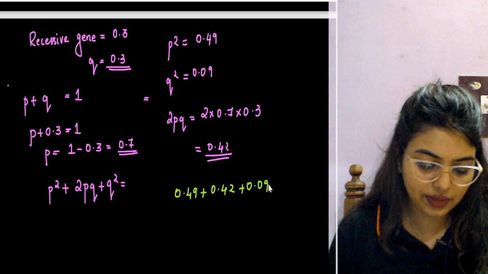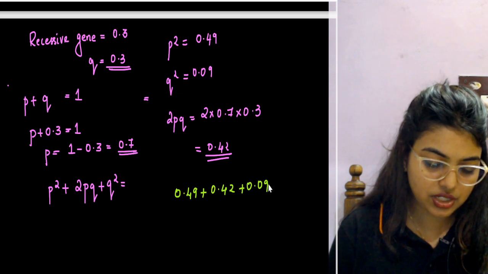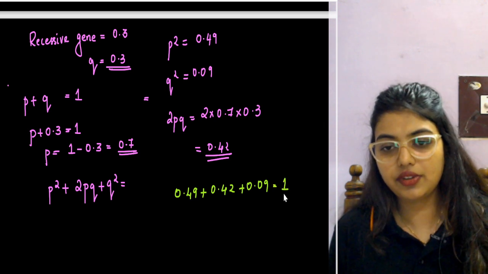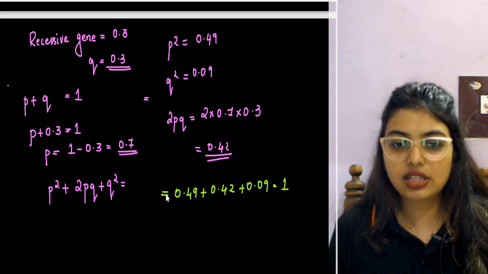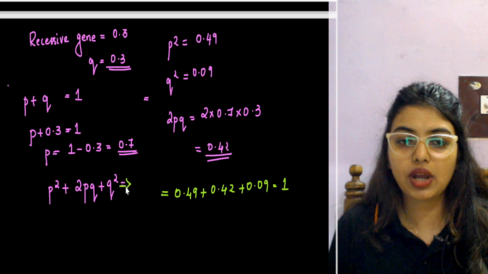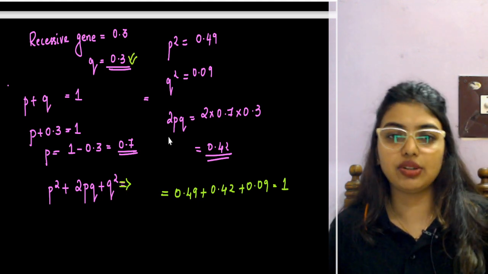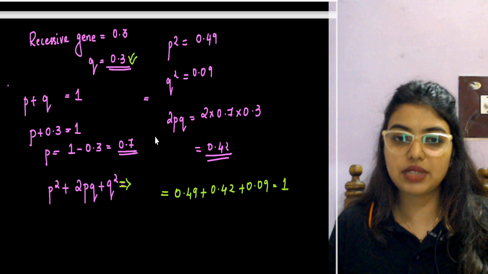Usually you don't have to find this, we are just doing it for fun. Understood? So we got a value of 1. So this is how the equation works. With just this one value, you will be able to find the whole value. This is how your Hardy-Weinberg principle works.